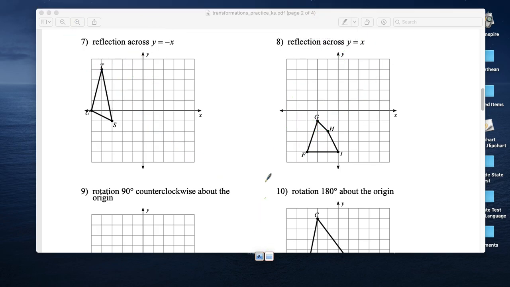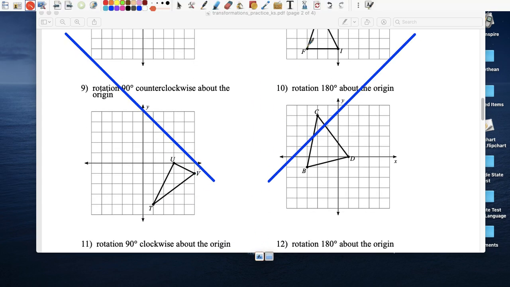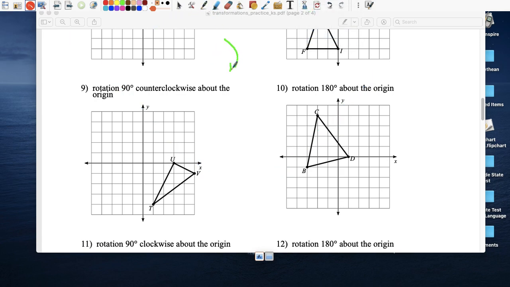Then we have these two at the bottom. Remember rotations, we have to consider the direction, so we have clockwise and counterclockwise. Every 90 degrees, remember what we said in class, every point travels 1 quadrant over for every 90 degrees. So if we're talking about, let me label the quadrants, 1, 2, 3, 4.